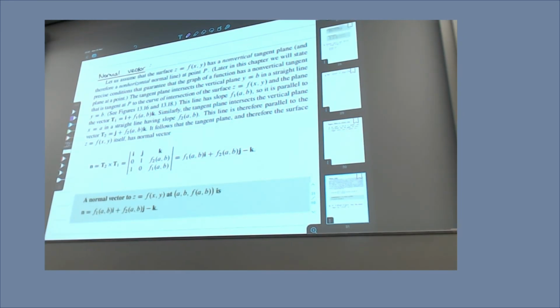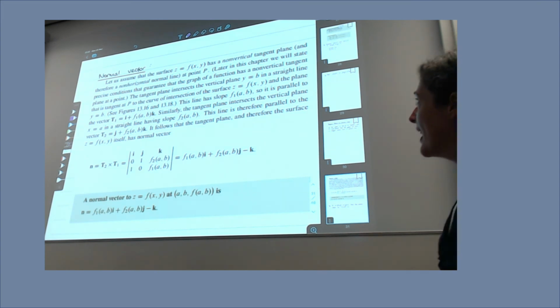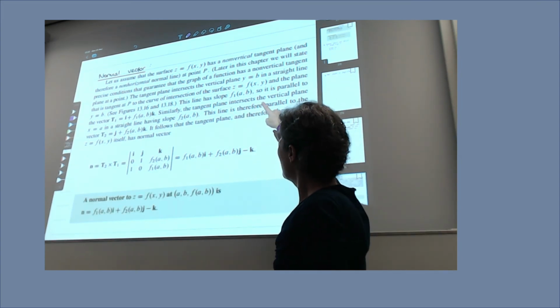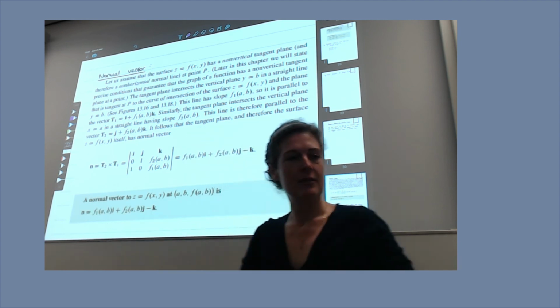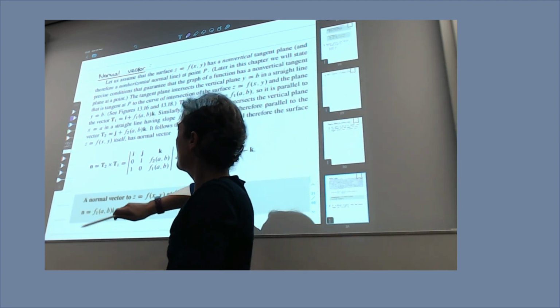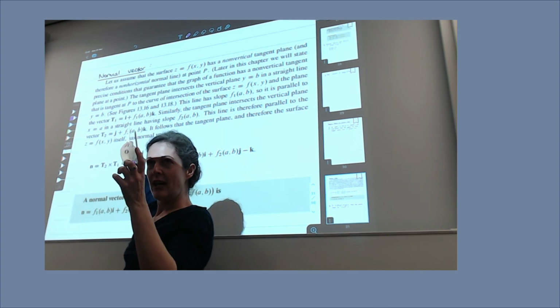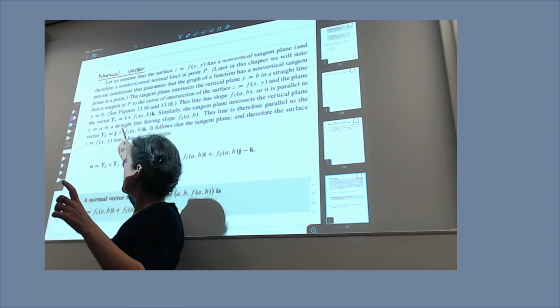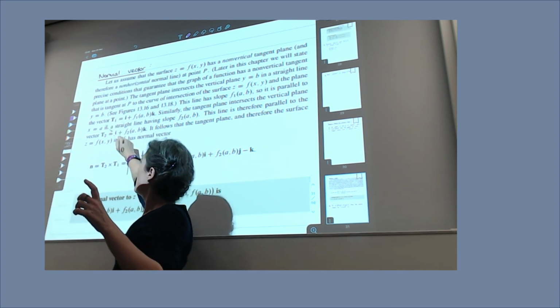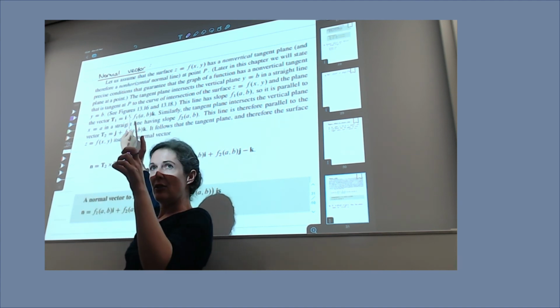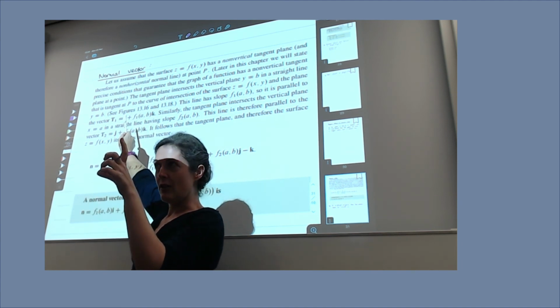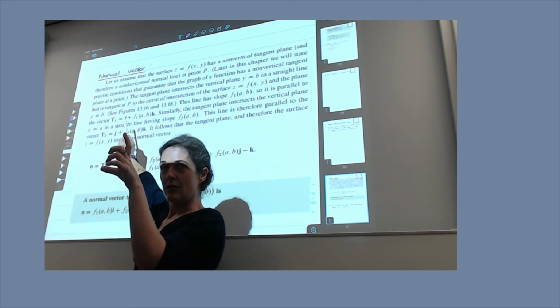Now, if we go back to all this crazy stuff on here, this initially might have looked a little hairy, but all we're saying is, okay, if we take the tangent vector, our T1, we can create a vector in the direction of that line, the one where we held y constant and let x vary.